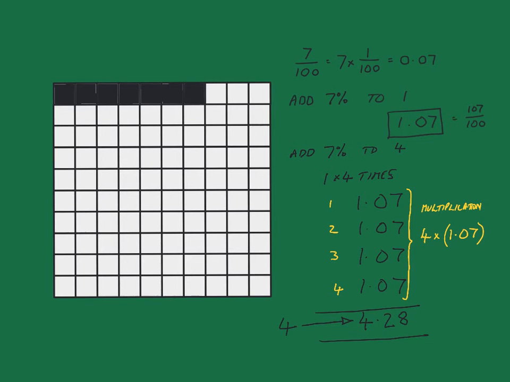And if we look very carefully at that, let's do it in blue. How do we do that? Well, let's do it as a long multiplication. 1.07 multiplied by 4. It's going to give us 4 sevens are 28, 4 noughts are 0, 4 ones are 4, same answer.